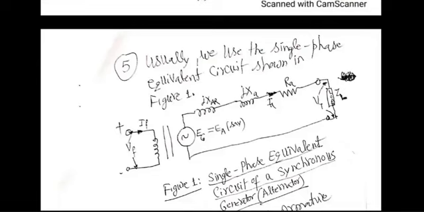Back EMF, EG or EA, whatever you want to call it, followed by a series combination of the hypothetical XAR, which is essentially including the effect of armature reaction, plus the reactance produced by the armature winding XA, and plus the resistance produced by the armature winding RA. And of course, then load ZL will be there. On the left side, you see the field represented by a symbolic diagram.